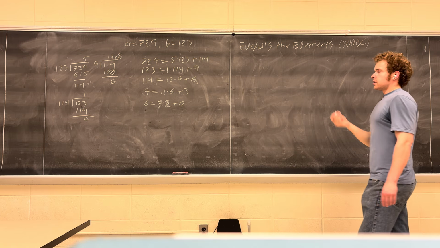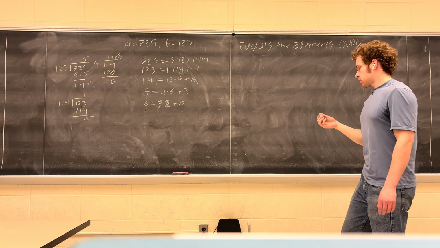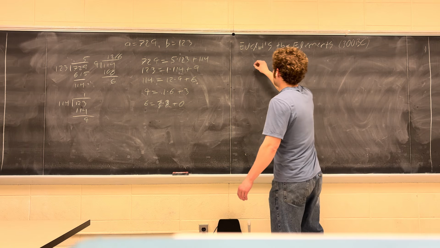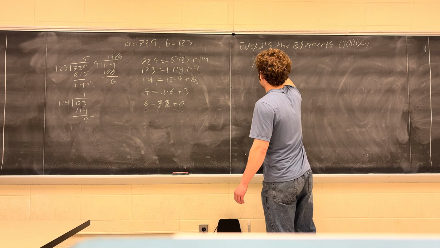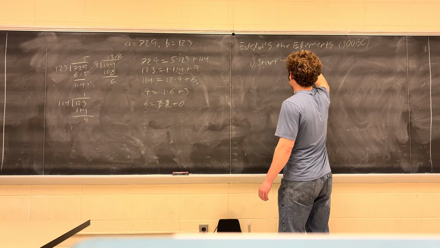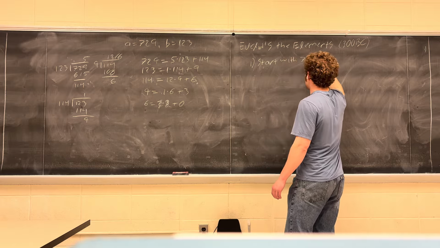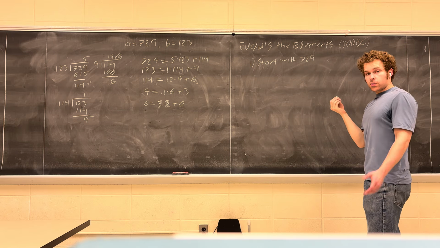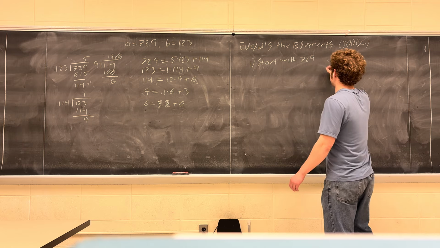But he would have outlined the solution to this problem in a different way. So what he would have said is, start with 729, and then you subtract 123 until you can't do it anymore.